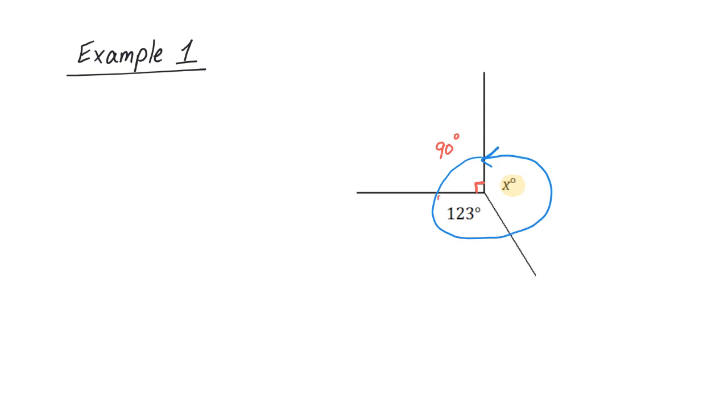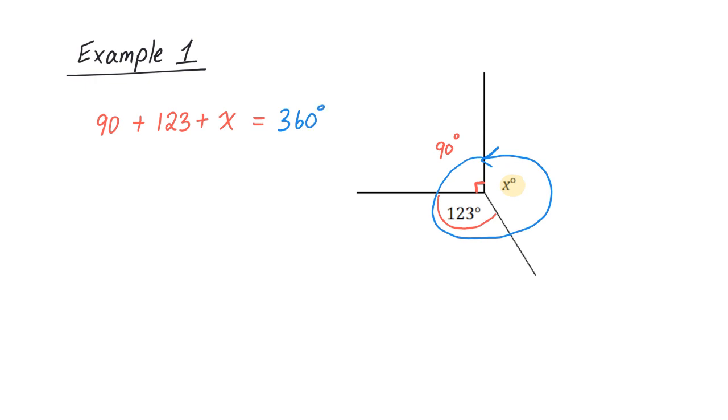And I am told that this angle here is 123 degrees. So that means that 90 plus 123 plus X is going to give me a full circle, which is 360 degrees.